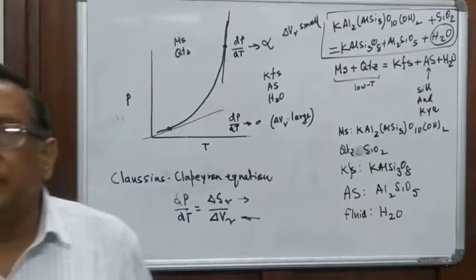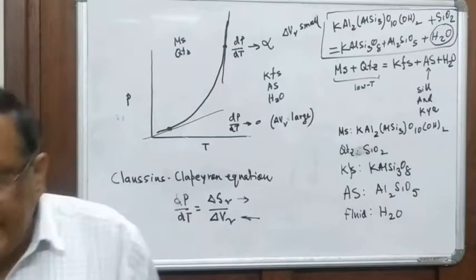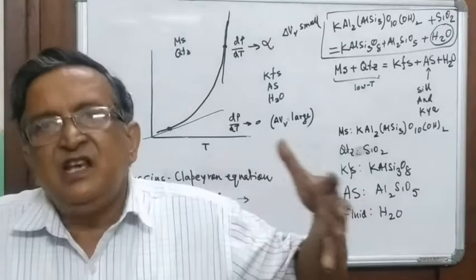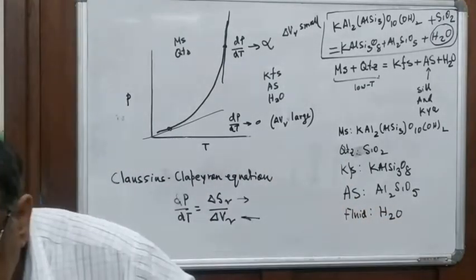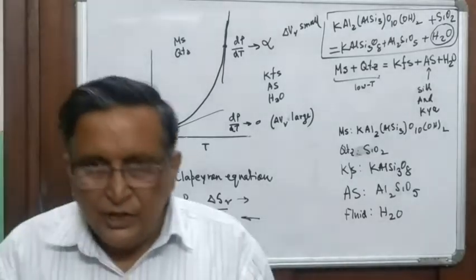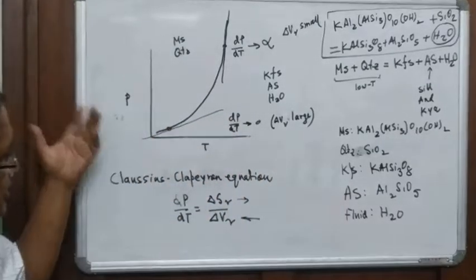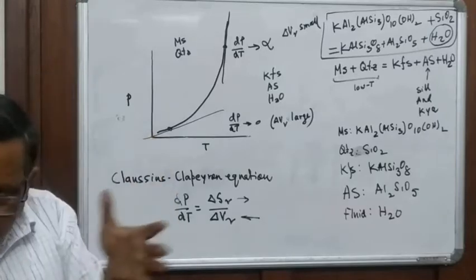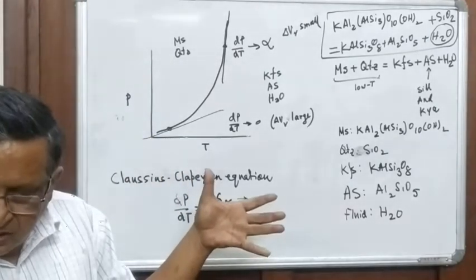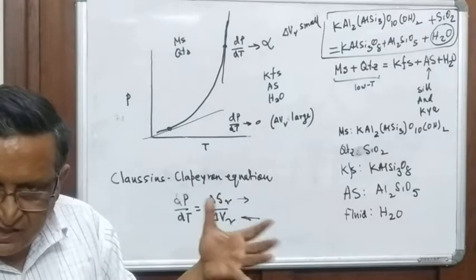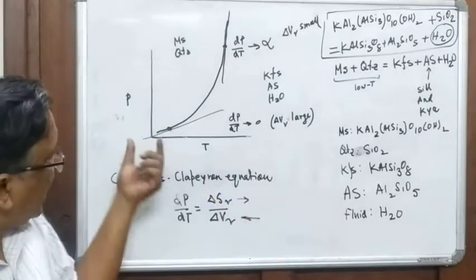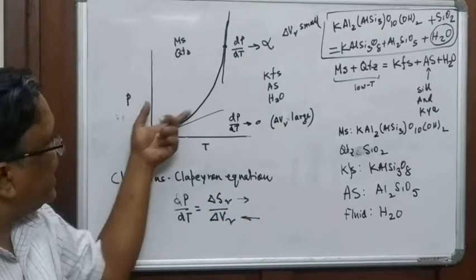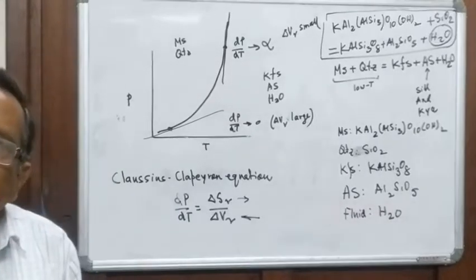But if your pressure is very low, then the delta VR is large. Do you understand? So in this type of reaction, since delta VR is very large at low pressure because of the high compressibility, the reaction slopes are gentle.